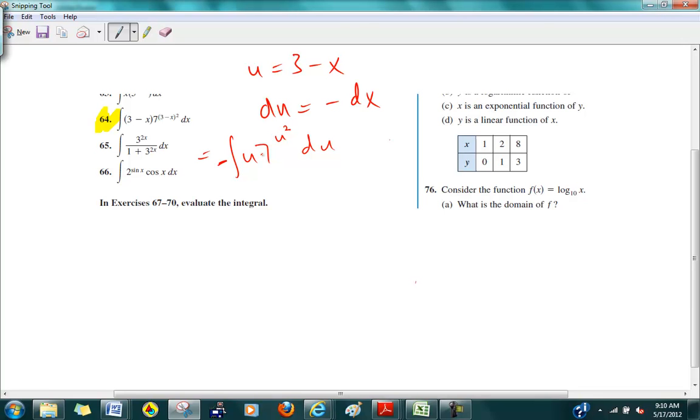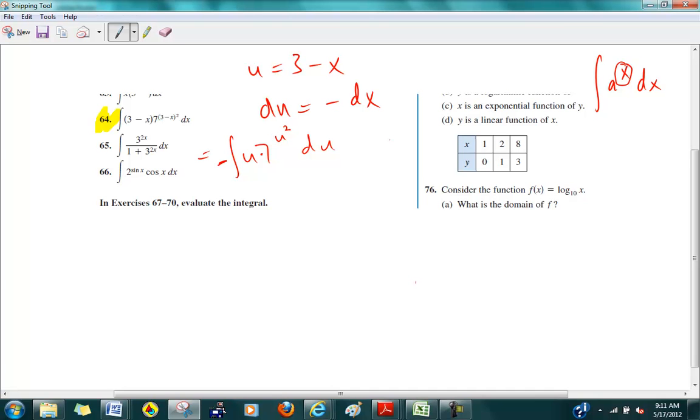Now how do you integrate this? Remember, all you've done is a rule like this one here, dx. In other words, this is just a straight-out x. Yeah, another substitution.